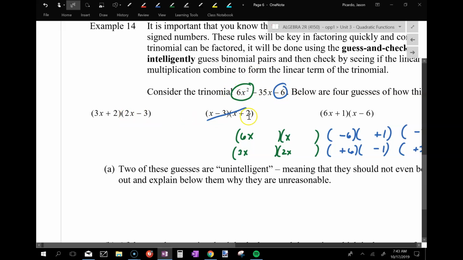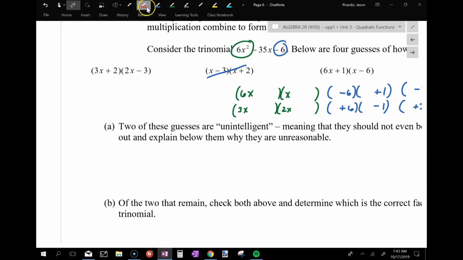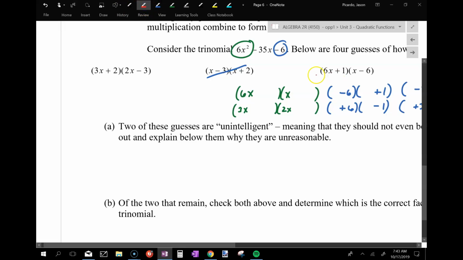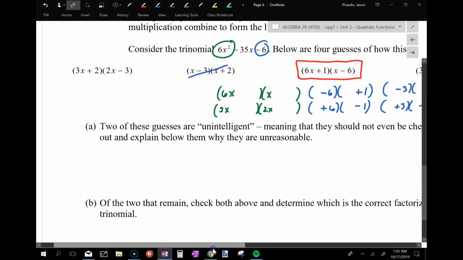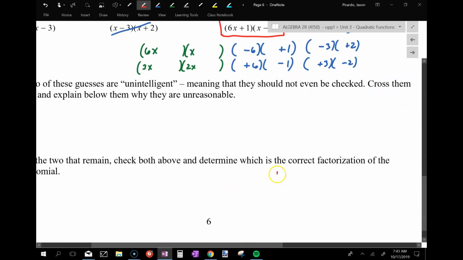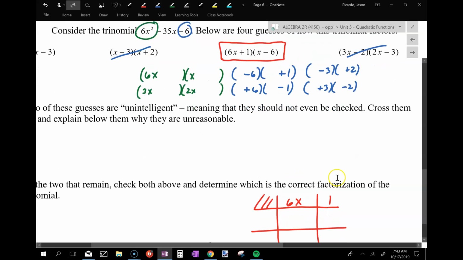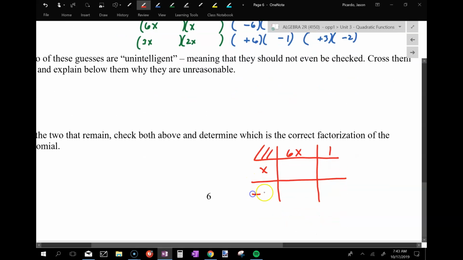Agreed? All right? So if I took choice, I guess it's choice 3, and we did tic-tac-toe, I have 6x and 1, and I have x minus 6.